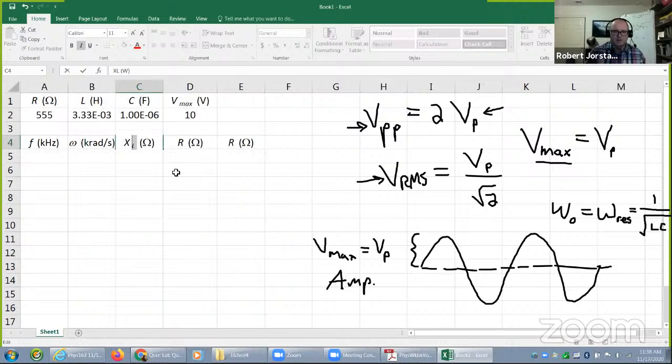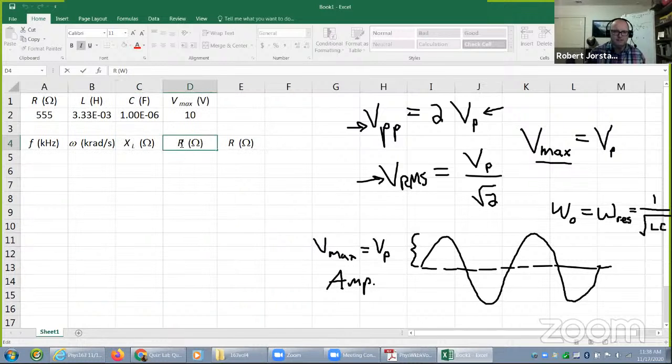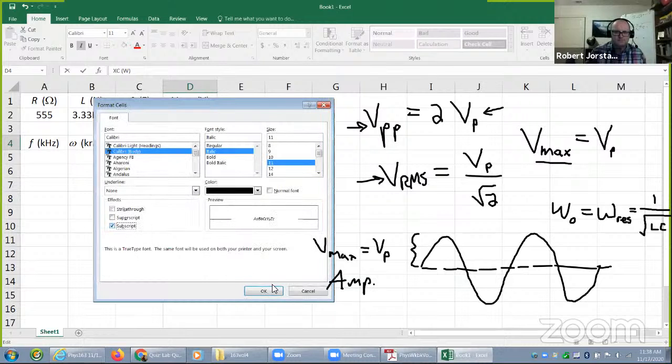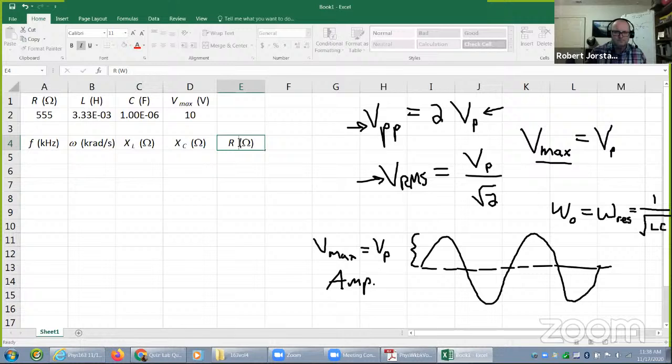So hopefully you're following along okay, and this is not wasting your time. Oh, there we go. So the idea here, oh, and then maybe we want to plot I max.